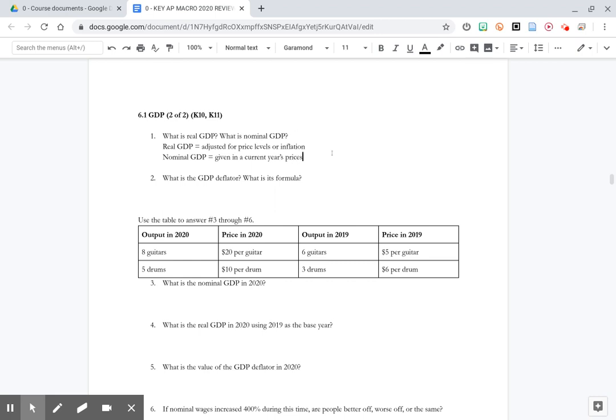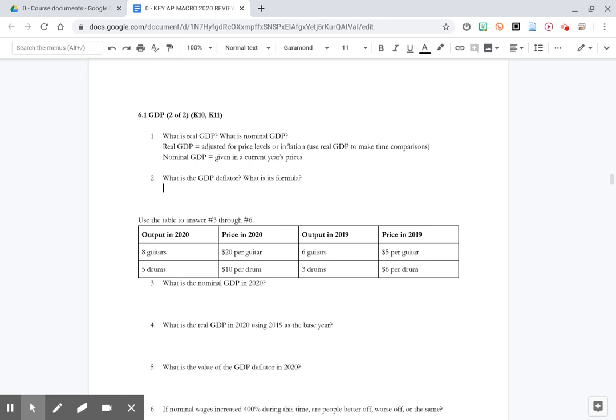So the difference here is that we know that over time prices rise in an economy. That's called inflation. And so we have to make an adjustment for that in order to make comparisons over time. So we would use real GDP to make time comparisons, like how much GDP was there in 1955 and that kind of thing. And we have a tool to do that.